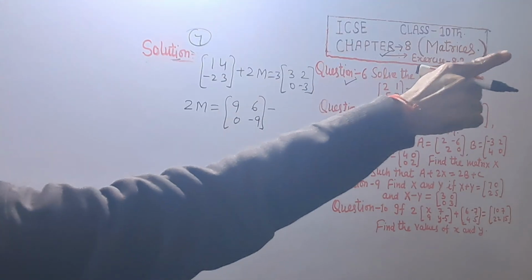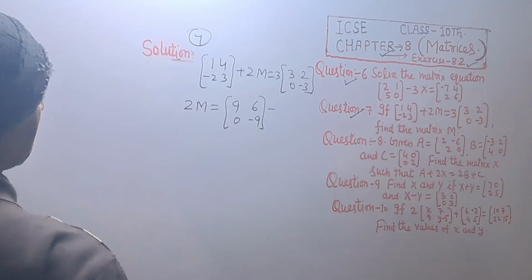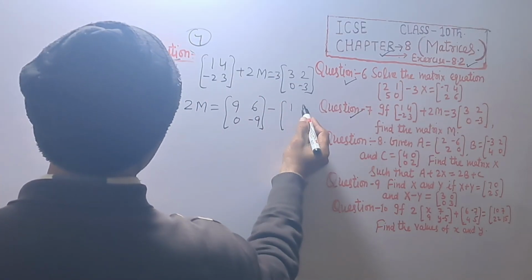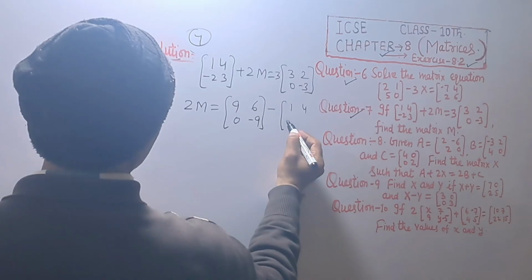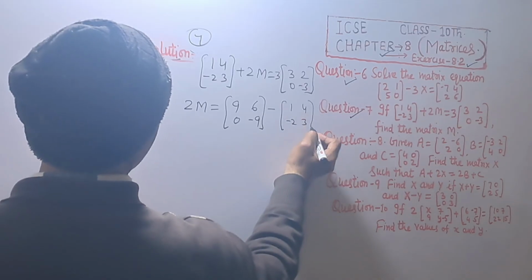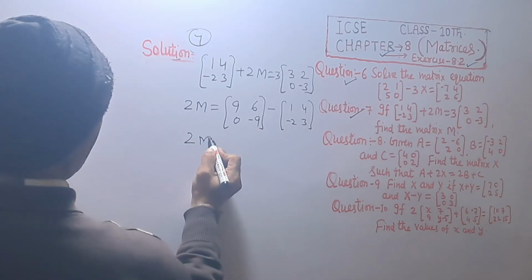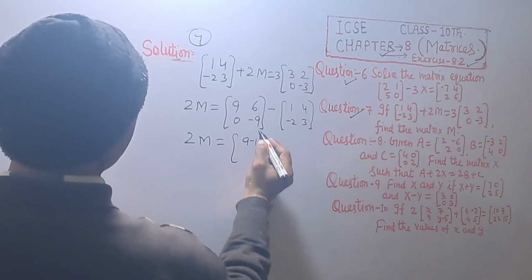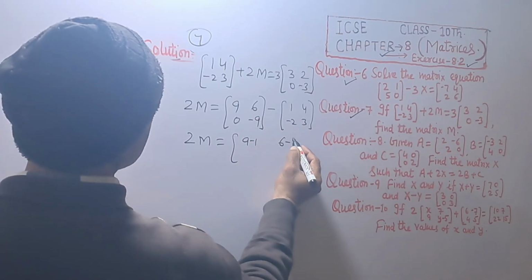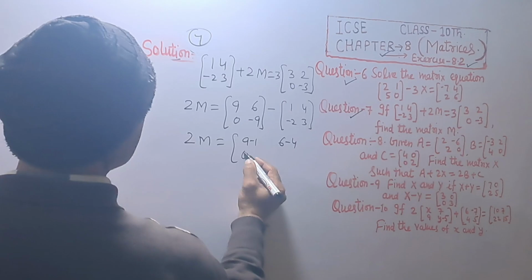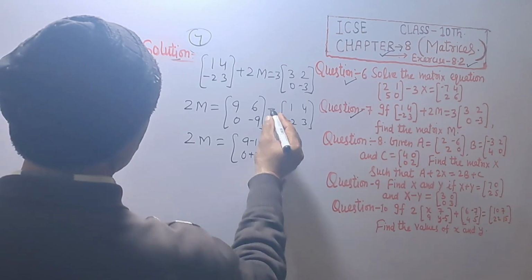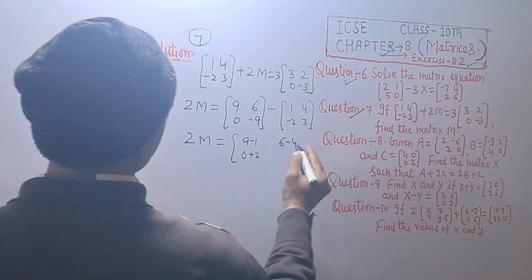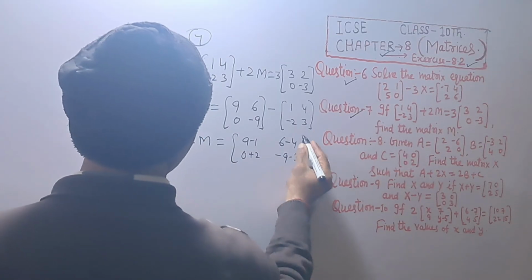And we are shifting [1, 4; -2, 3] to the right, then this matrix will be negative, and 2m equal to 9 minus 1, 6 minus 4, 0 plus 2, minus minus will be positive 2, and minus 9 minus 3.